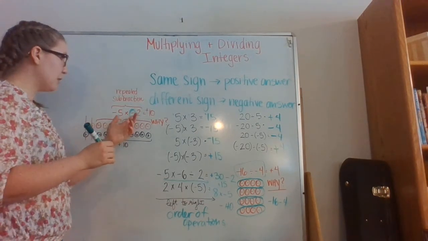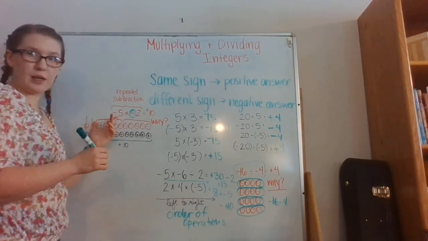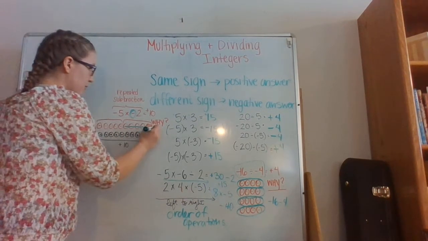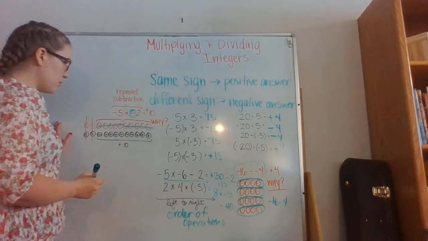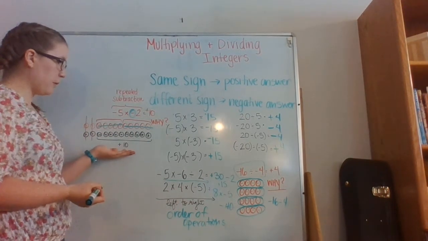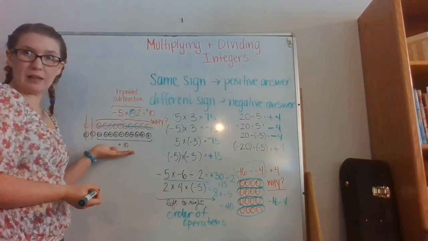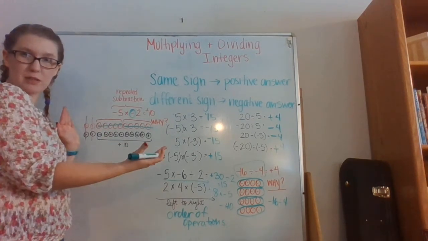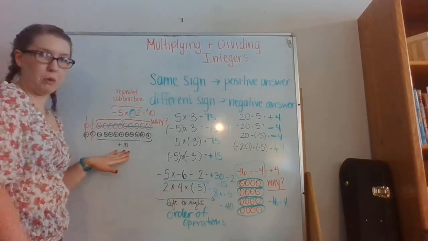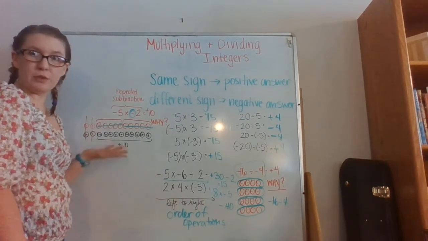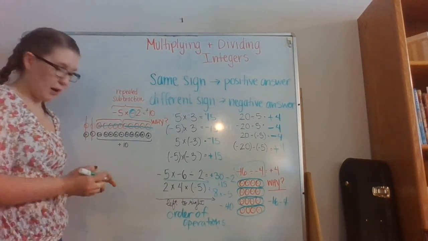I'm taking away two groups of negative 5. So I have negative 5 gone, and I have another negative 5 gone. And now that I've taken those away, what am I left with? Positive 10. Because if I started with all of my 0 pairs, and I take those numbers away, I'm left with only the positive halves. So then I get positive 10 afterwards.